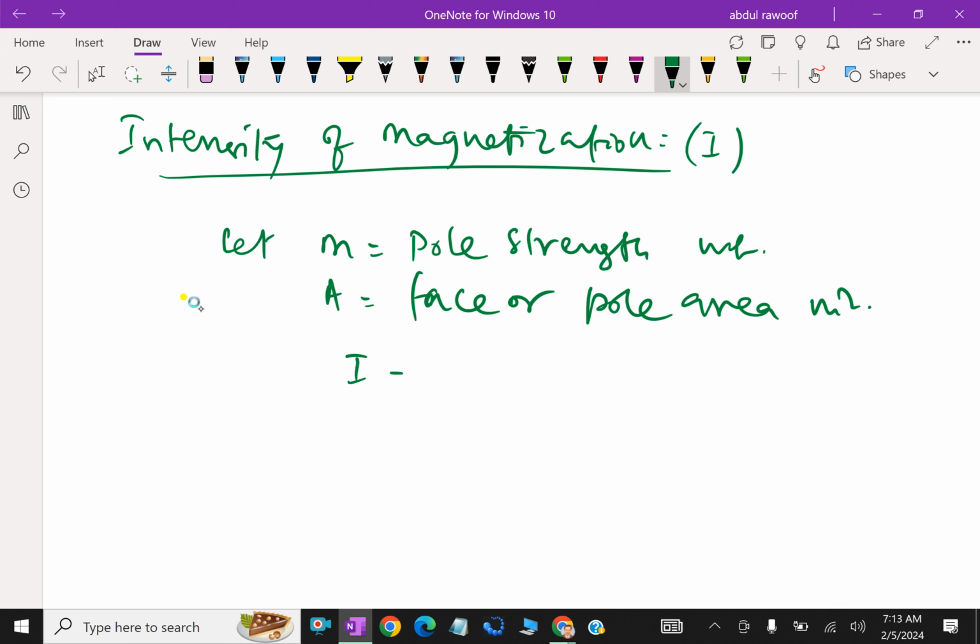Then I equals M over A, that is Weber per meter square.